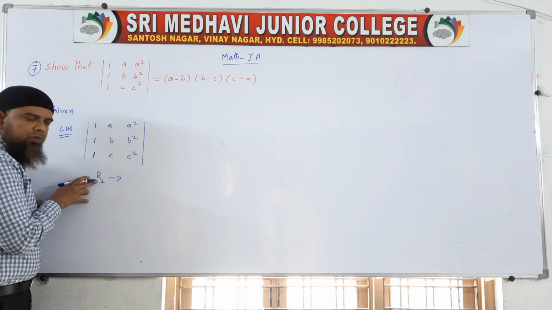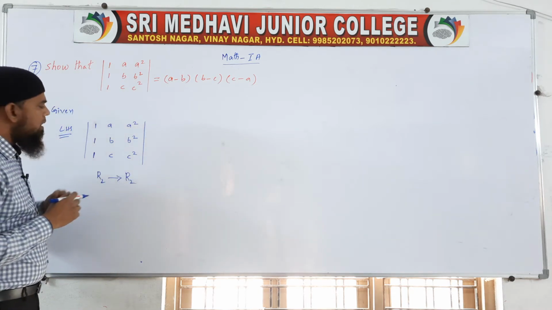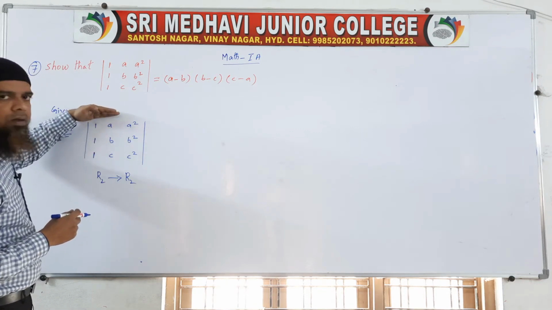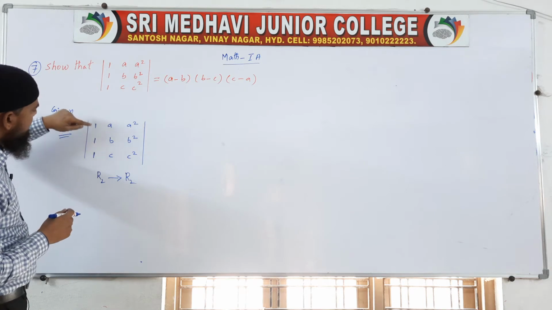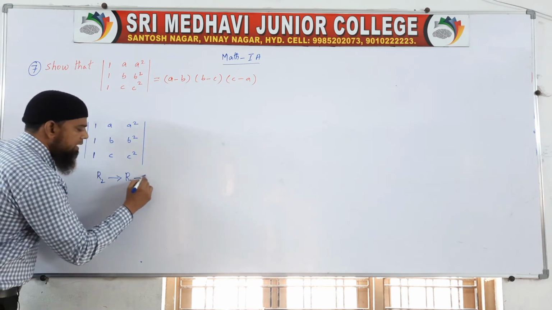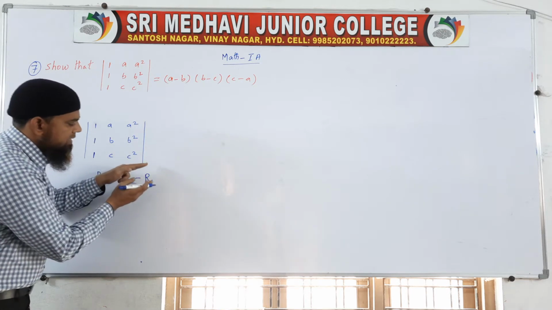Whenever you write R2 here, we have to write R2 only. I am subtracting R1 from R2. That's why 1 minus 1, what will you get? 0. R2 minus R1. From R2 I am subtracting R1.